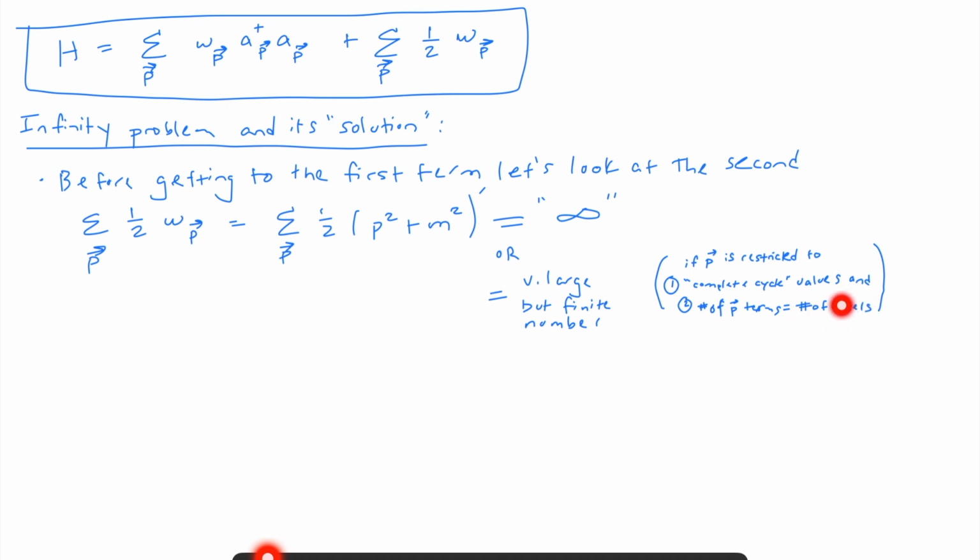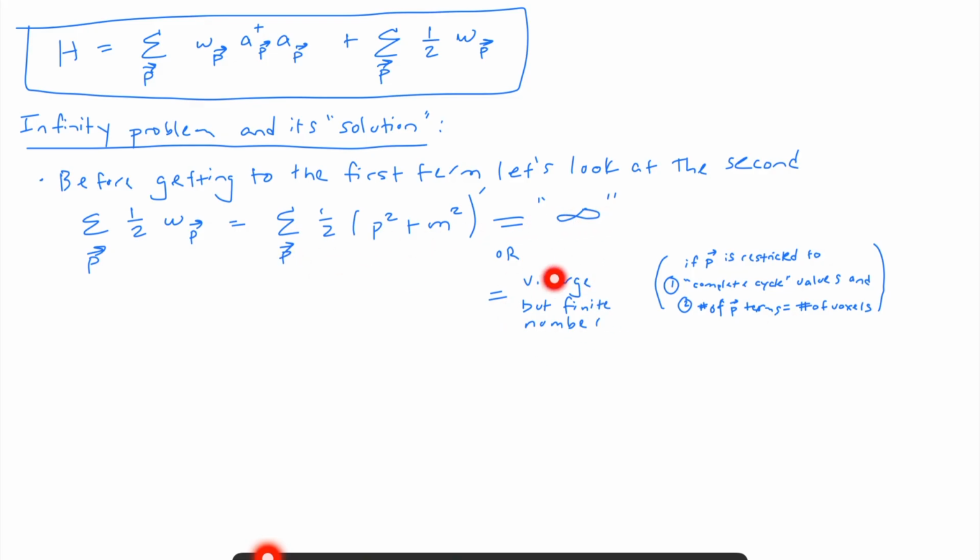Just like is done in condensed matter physics in the Brillouin zones, for those familiar with it, I'm saying the number of p terms is equal to the number of voxels. That's somewhat of a controversial assumption, but there's a reason I gave for it in the mathematical interlude that you can look back and check out. It won't ultimately matter that much, but I find it a little more satisfying. So if that's the case, it doesn't give us infinity.